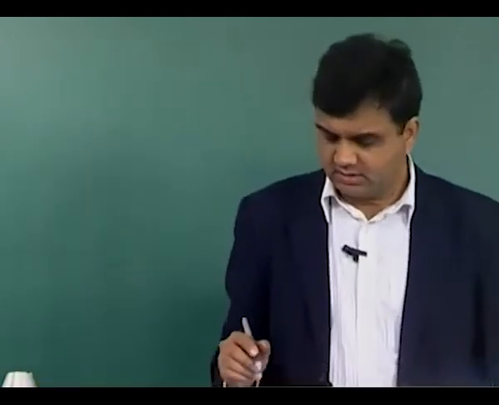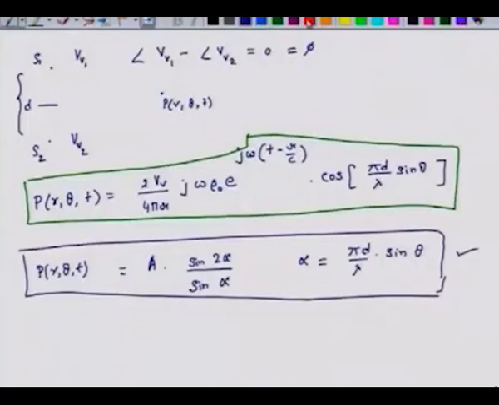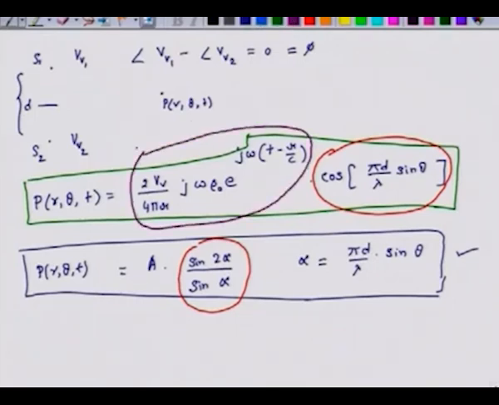In both these terms, there is a term which depends on the angle, and this term is highlighted in red, and there is another term which depends on radius, volume velocity of source, omega, density of air and time, and I am going to highlight that term in a purple circle.